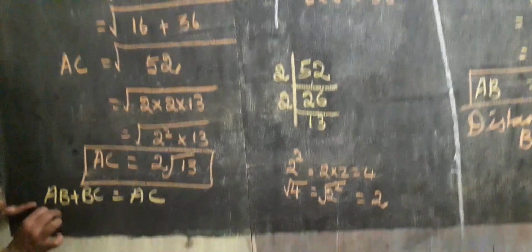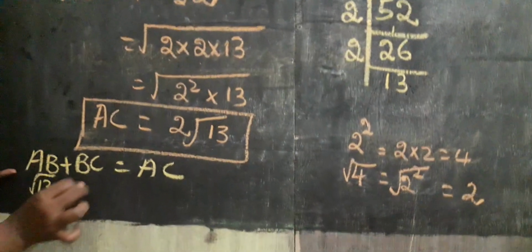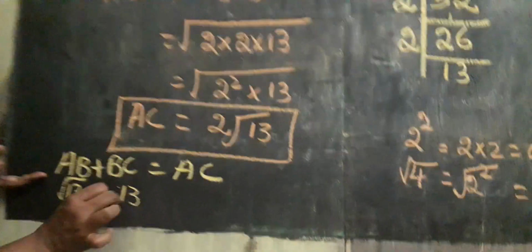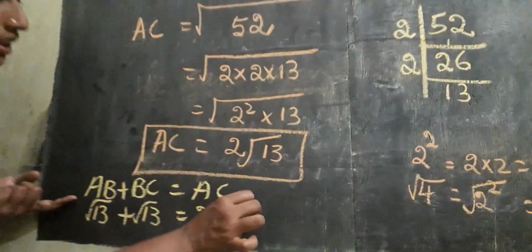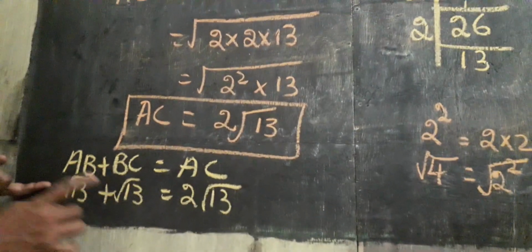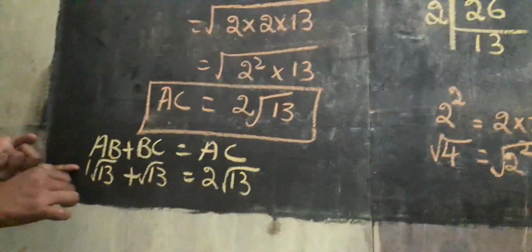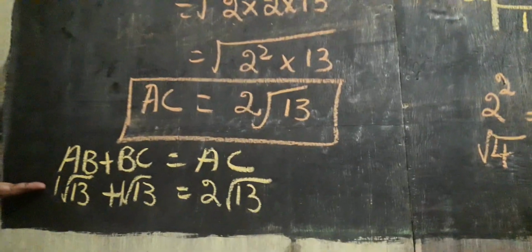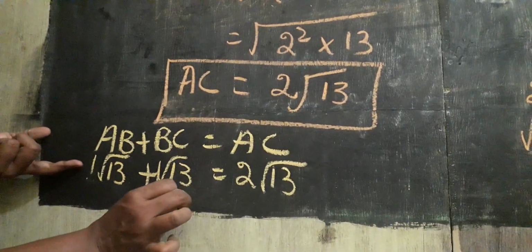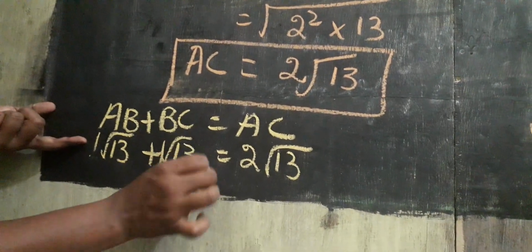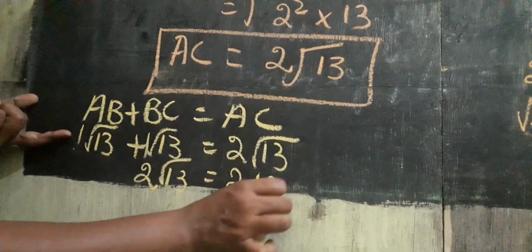AB is root 13 plus BC is root 13, equal to AC, which is 2 into root 13. Root 13 means 1 root 13, so 1 root 13 plus 1 root 13, 2 times root 13, is equal to 2 times root 13.